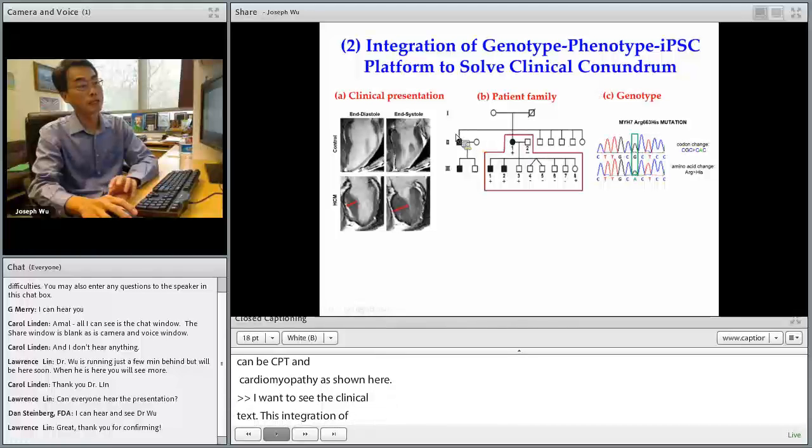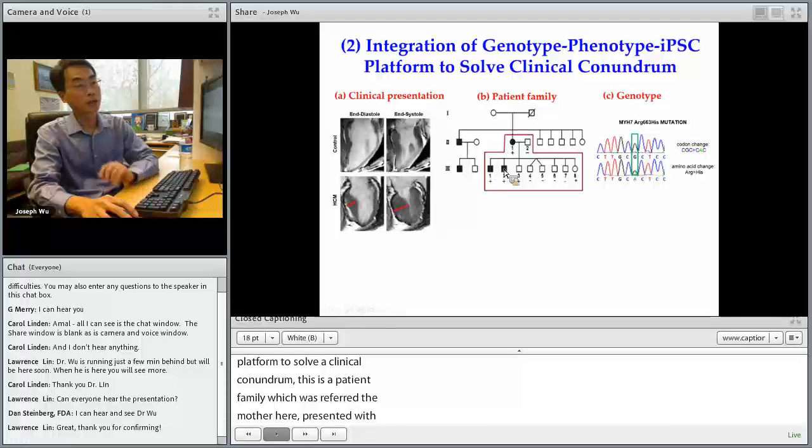This is a patient family that was referred to us, in which the mother, as shown in the middle panel here, presented with arrhythmia, and on the MRI had hypertrophy of the heart, shown in the left-hand panel.